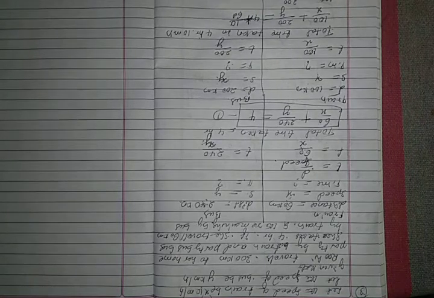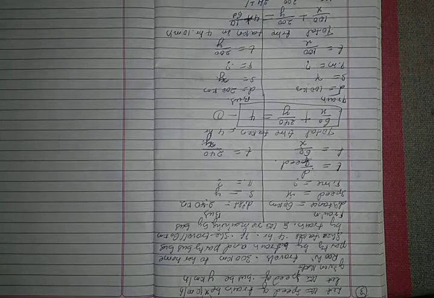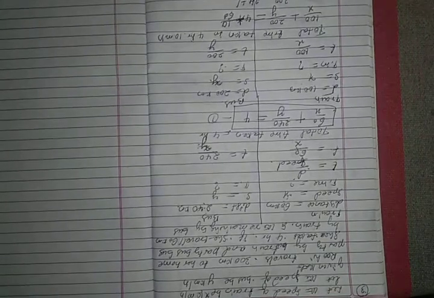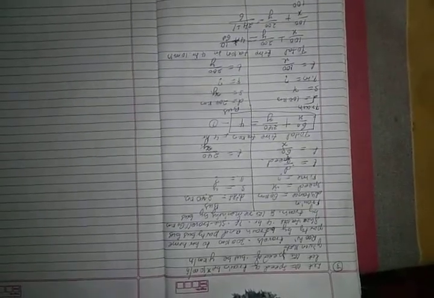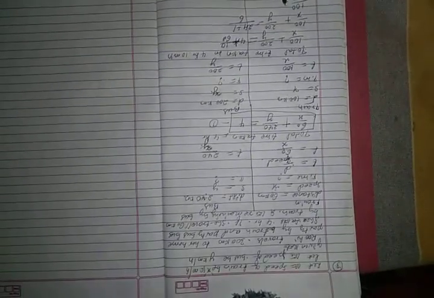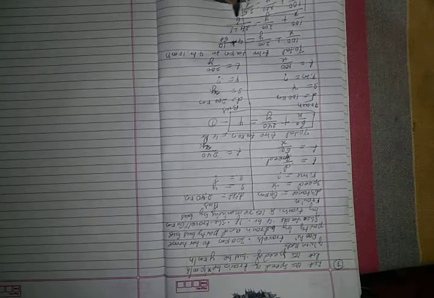This is the mixed fraction: 6 into 4 is 24, plus 1, divided by 6. So 100 divided by x plus 200 divided by y is equal to 25 divided by 6. This is equation number 2.